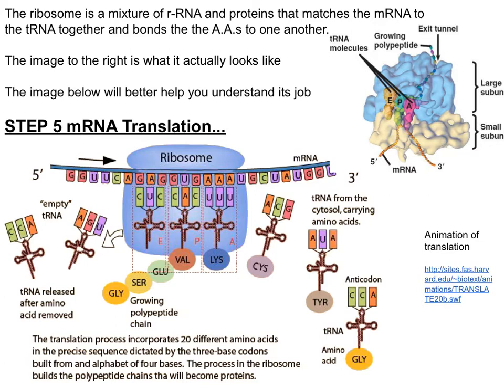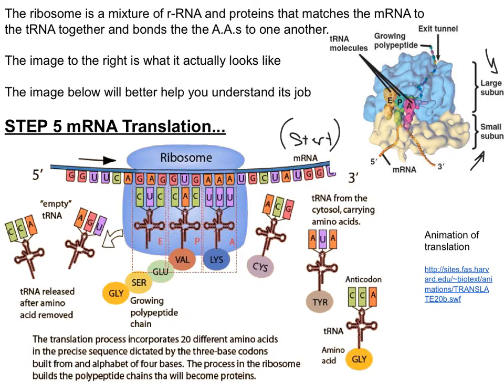So the ribosome actually consists of two parts, a large and a small subunit. They come together during the process of translation, so they don't generally exist together unless translation is happening. The mRNA is going to have what's called a start codon at the beginning.